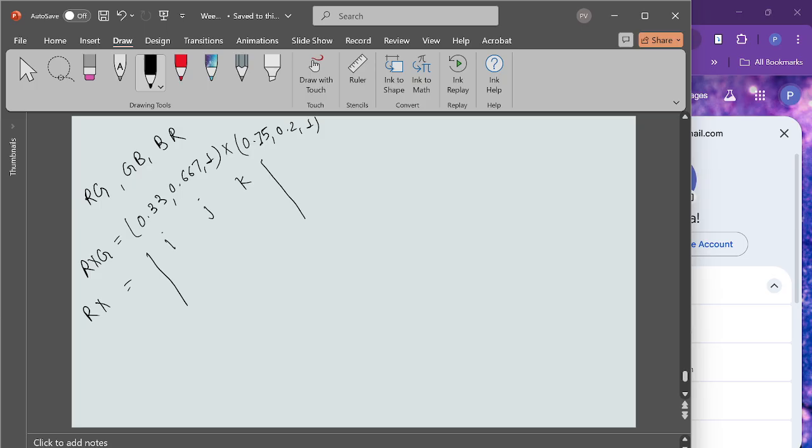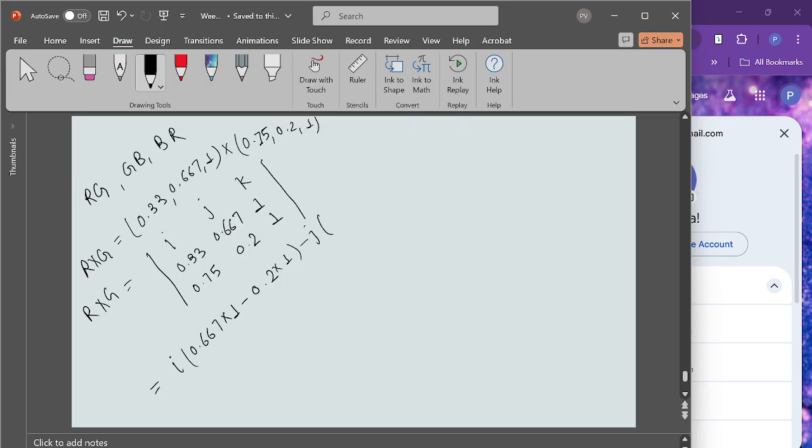So R cross G: 0.33, 0.667, 1, similarly 0.75, 0.2 and 1, right? So here you will get for the first one, I, 0.667 into 1 minus 0.2 into 1, right?